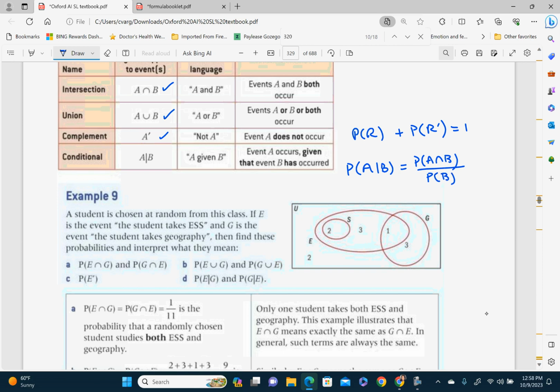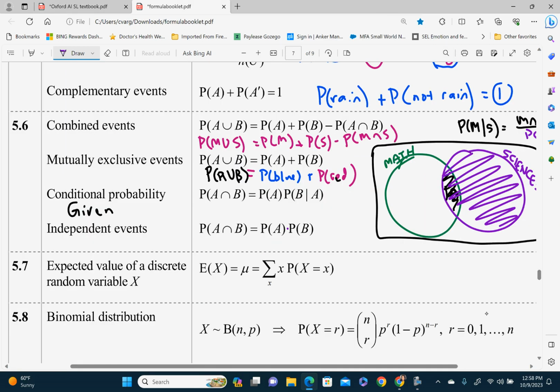So you could write this formula down. In our reference booklet, they write it like this. But if I were to ask, how do I get this part by itself? Just divide both sides by the probability of A. And so what do you get? This cancels out.